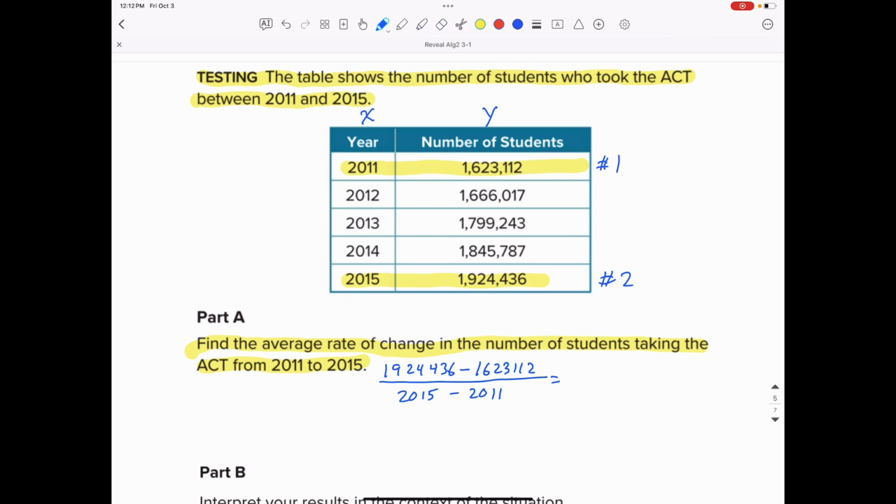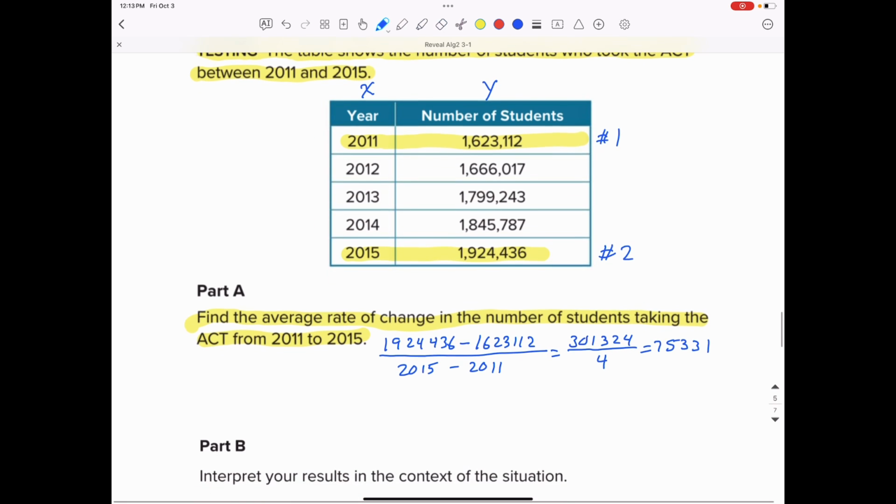When we subtract the top row, we get 301,324 over 2015 minus 2011. That's just 4. And like I said, to find a rate of change, we're finding this per year. So we'll divide the top by the bottom. When you divide the top by the bottom, you get 75,331. So that is the rate of change.